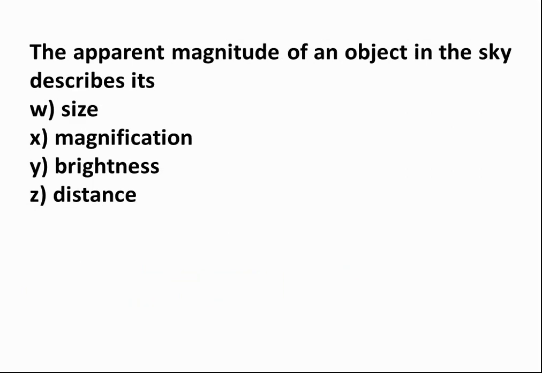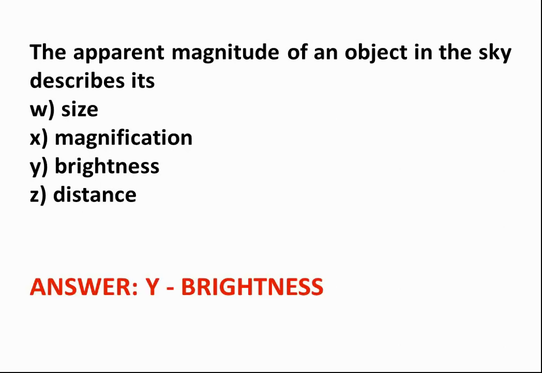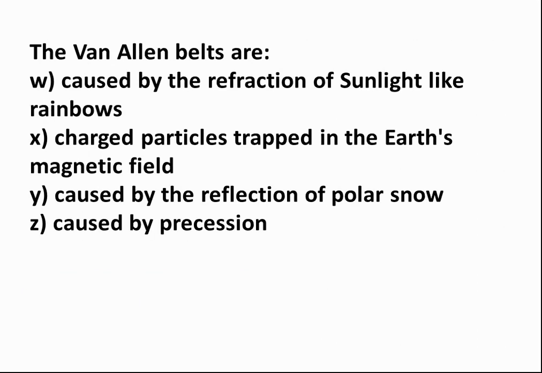The apparent magnitude of an object in the sky describes its W. Size. X. Magnification. Y. Brightness. Z. Distance. Answer: Y. Brightness. The Van Allen belts are W.